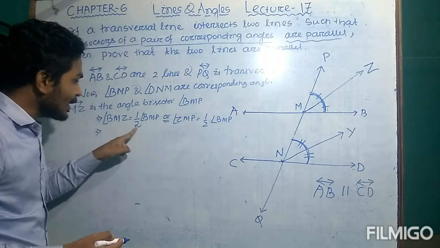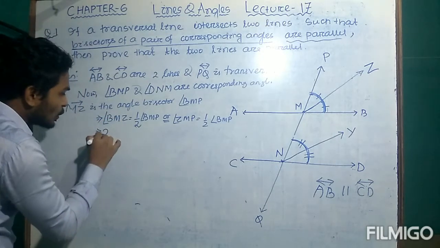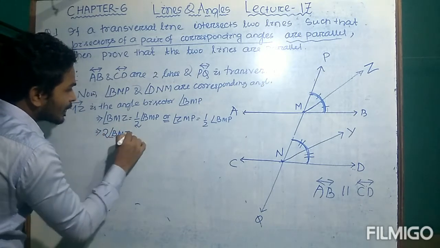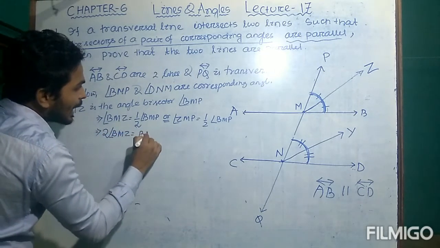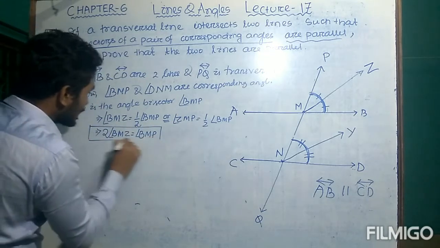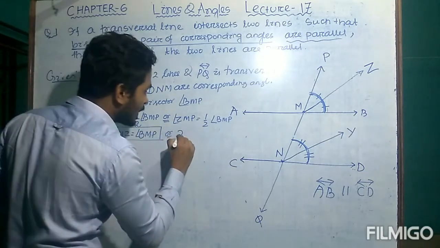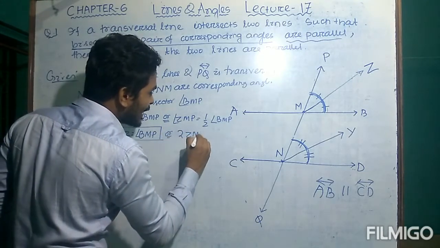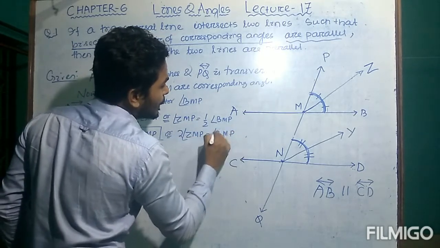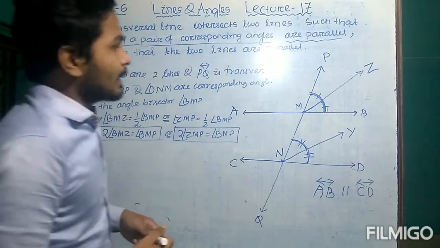Whenever you take this 2 to the left hand side, it will be multiplied with the left hand side. So it will be 2 times BMZ is equal to BMP. Understood? Similarly, when this 2 goes to the left hand side, it will be multiplied: 2 times ZMP is equal to BMP.